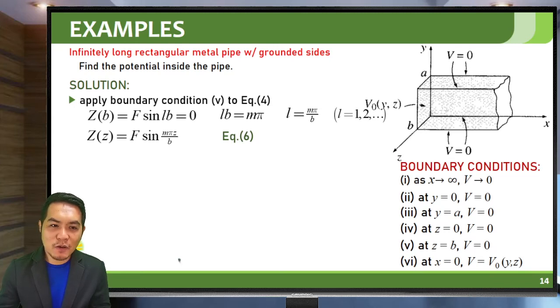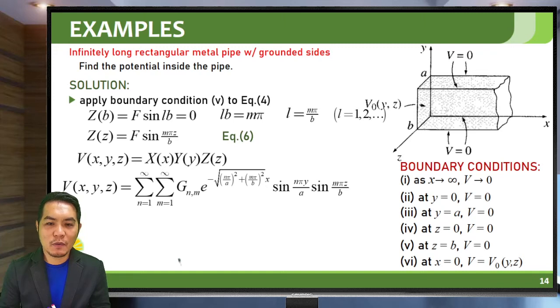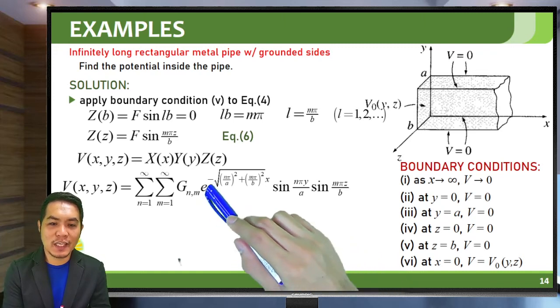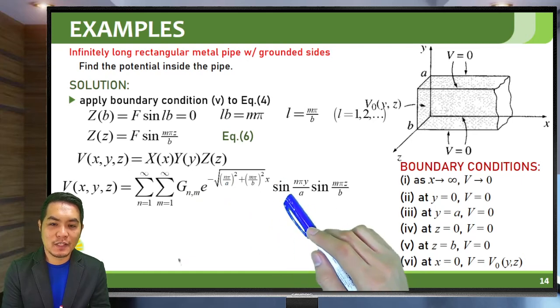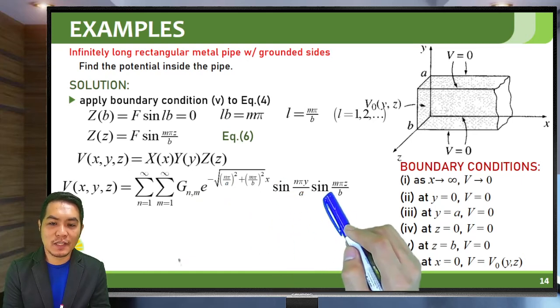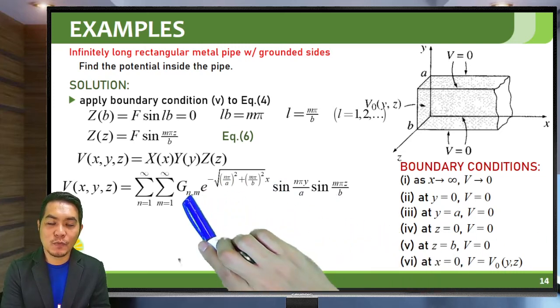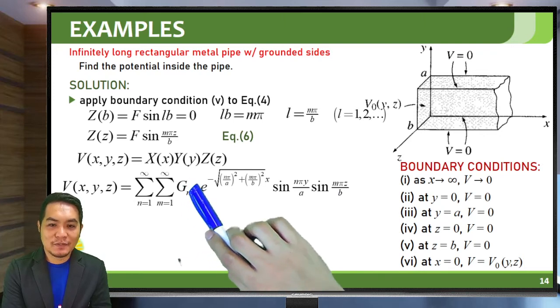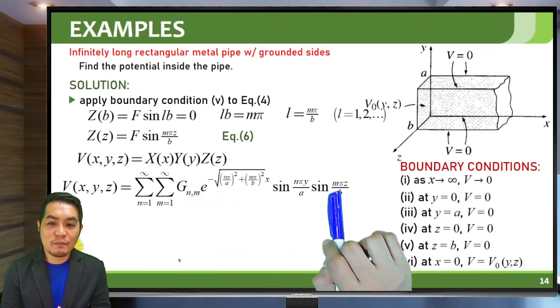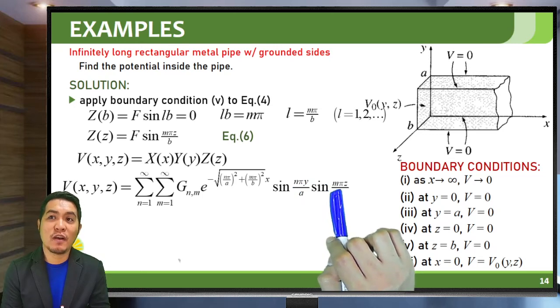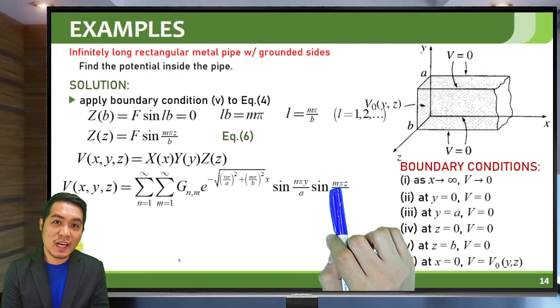So we combine all of the solutions x, y, and z, and we now have this general potential function. Our x is exponential, e to the negative x. Our y is sinusoidal, our z is also sinusoidal, and we combine all of the constants into G. Now, since n and m have more than one value, this means that we now have more than one solution.